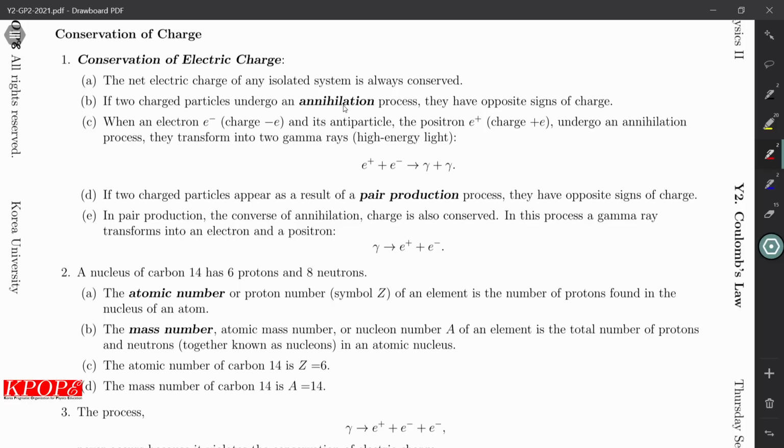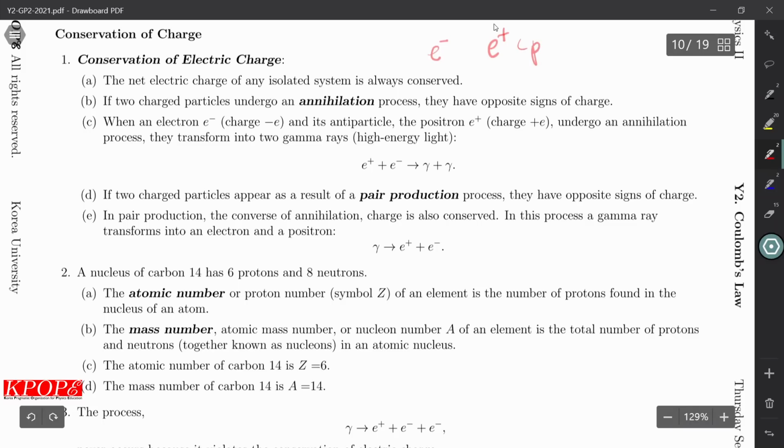So in elementary particle physics, we express such kind of process: electron and positron. Electron is a particle, and we put a negative sign on top right of the e.